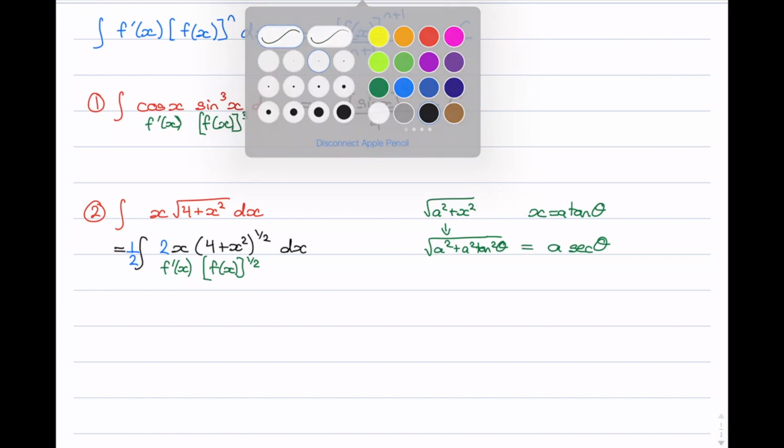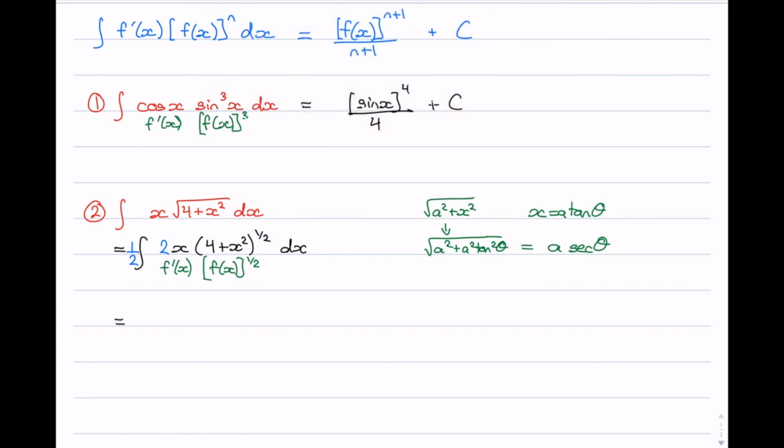So now I can go ahead and use my mental substitution. It's going to be a half, which is the half that's sitting out the front. Now I'm going to raise the power of f of x by 1. So a half plus 1 will give me 3 halves. And then I divide by the new power 3 halves, plus c.